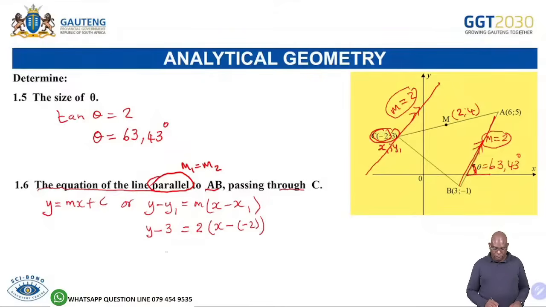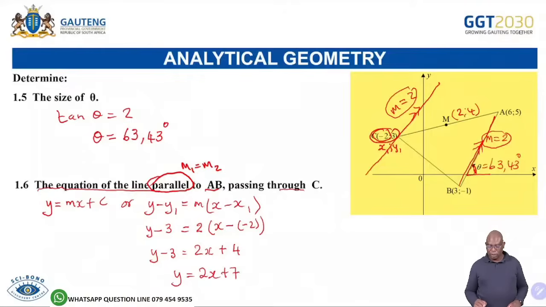Then I'm going to have y minus 3 equals 2x. Minus negative times negative is positive. So I'll have 2 times 2 is 4. Then I'm going to have plus 4. Then bring over the -3. Then y will be equal to 2x plus 7.